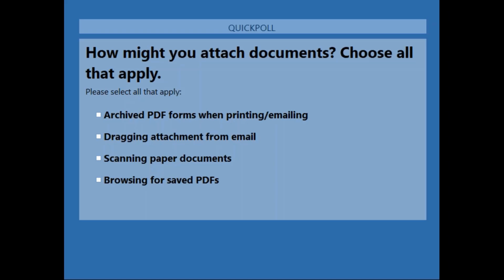Choose all that apply. The actual document itself, the invoice or the remittance advice, dragging it from an email, using a scanner, or browsing for a PDF that's saved directly on your hard disk. I imagine most of those might be used, but just which ones would you use?